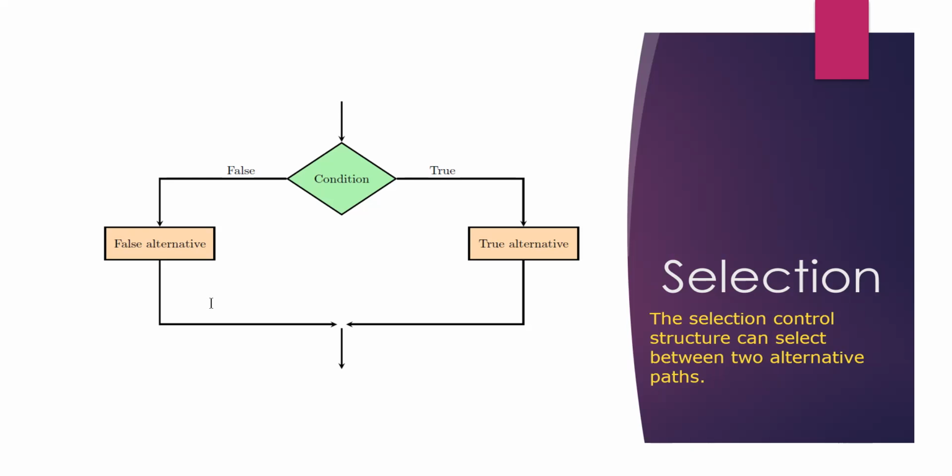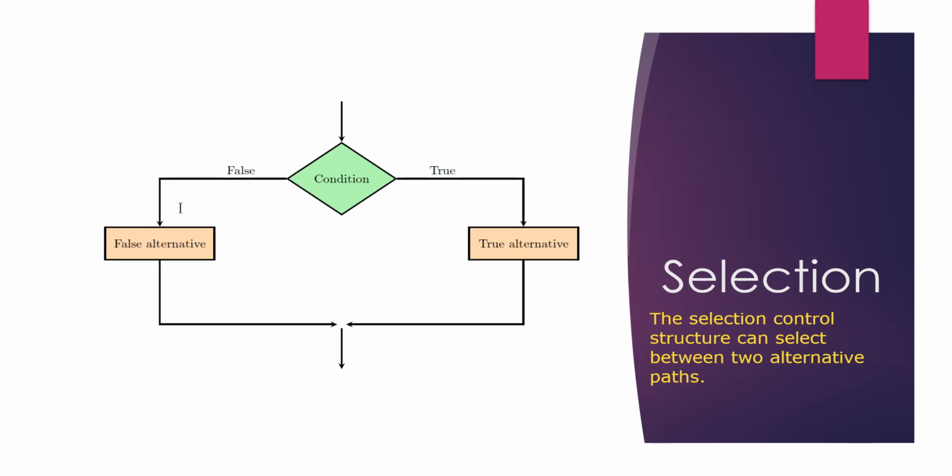So this is actually part of the flow chart. The selection structure looks like this. You will have a condition, and the condition may yield either true or false. If it is true, then you are going to execute this path. If the condition is false, then you are going to take the other path.